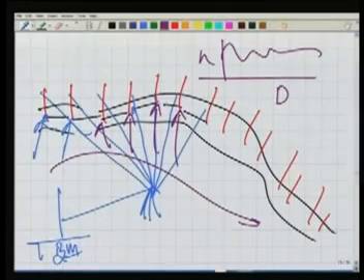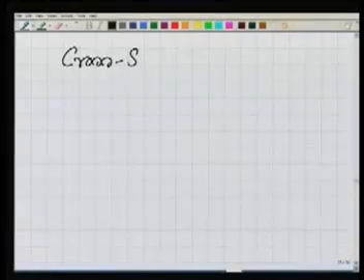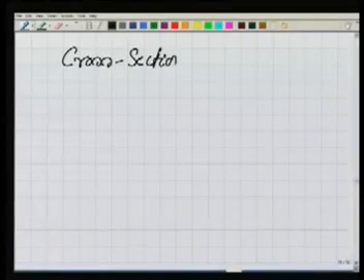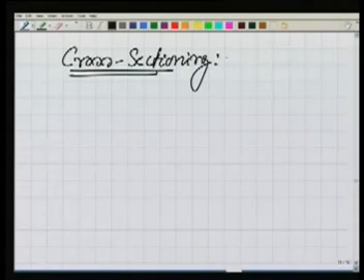The second method is similar to this one and is called cross sectioning. In the case of the profile, we do it if we are interested only in a very narrow strip.